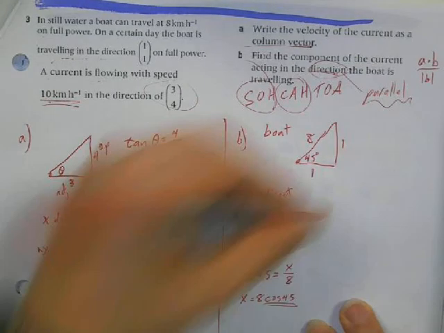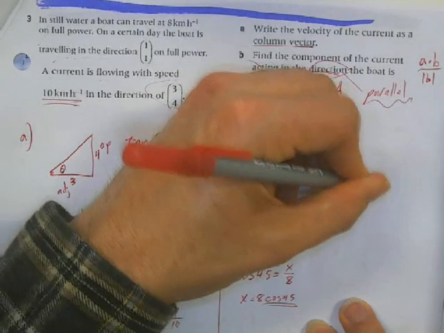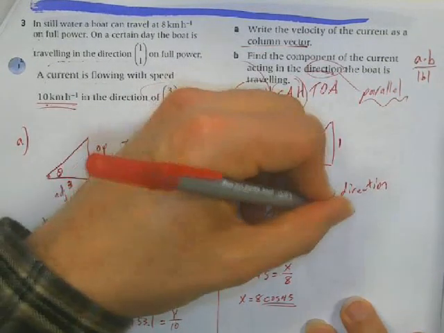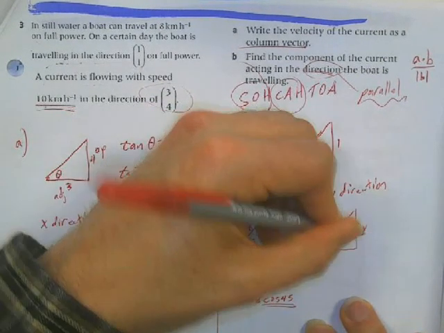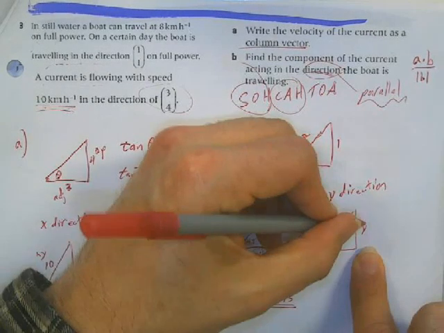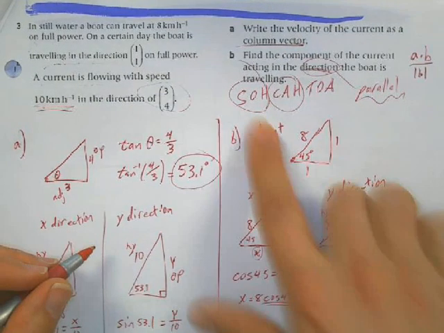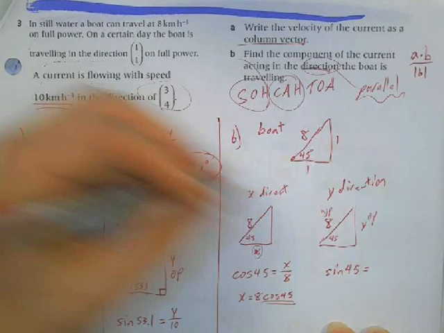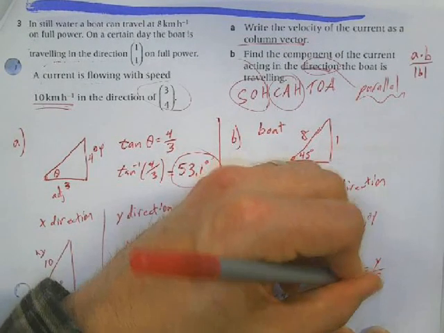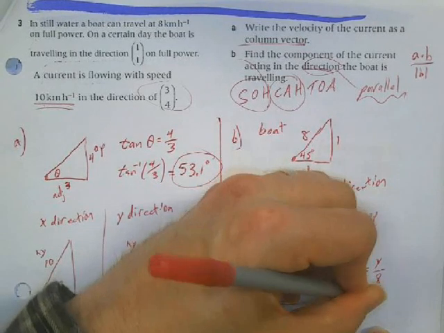In the y direction, we've got opposite and the hypotenuse, so we're going to use sine 45 equals y over 8. So we know y is equal to 8 sine 45.